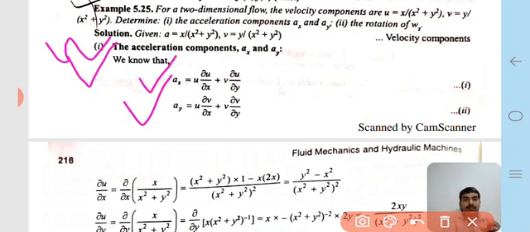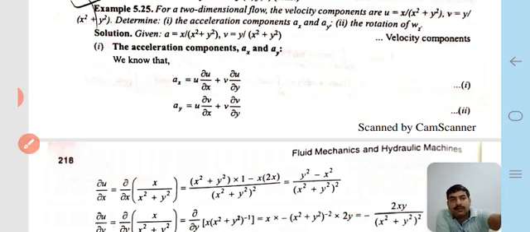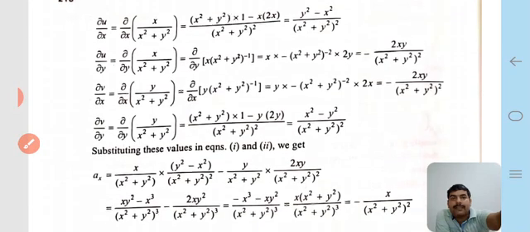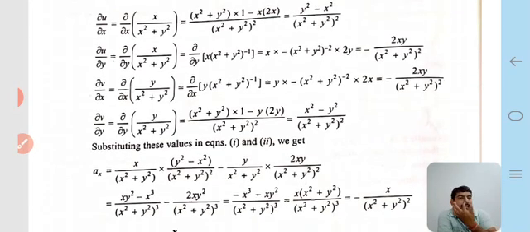Now we calculate the values of del u upon del x, del u upon del y, del v upon del x and del v upon del y. These partial derivatives we calculate with the help of the given velocity components u and v.